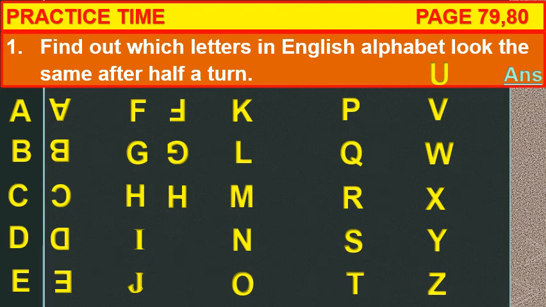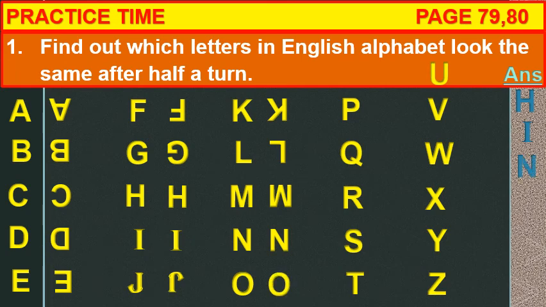Now here you can see that H and half turned H both look the same. Even I and half turned I both look the same. Now here we can see that the original J, K, L, M and the half turned J, K, L, M look quite different. Now here the original N and O and the half turned N and O look the same.